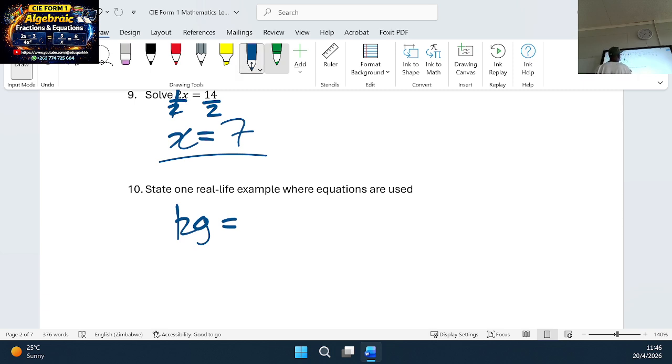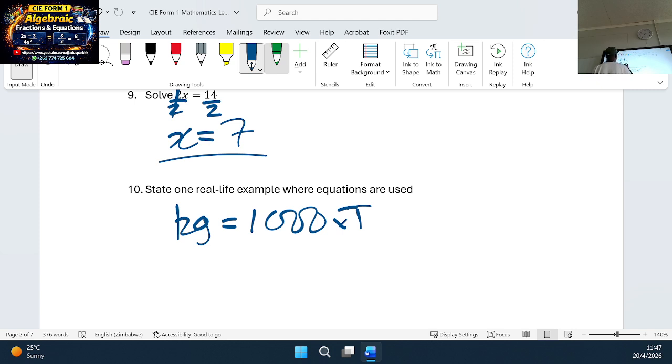So it will be 1,000 times the tons. That's how we find the quantity of kilograms given tons, such that if I've got 2 tons, it means in kilograms it's going to be 2,000.